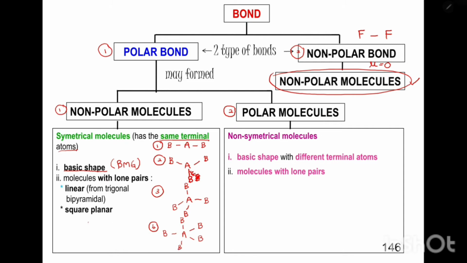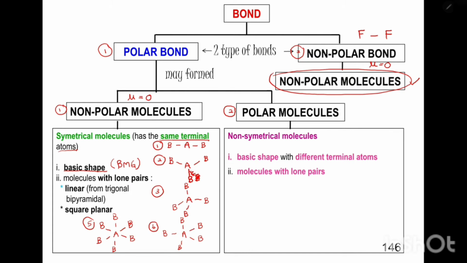And the last one is octahedral. So these 5 basic molecular geometries with the same terminal atom are classified as symmetrical molecule. Therefore, it is non-polar molecule. Non-polar molecule means the mu or dipole moment is equal to 0.